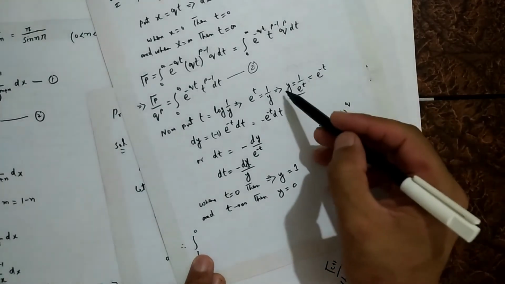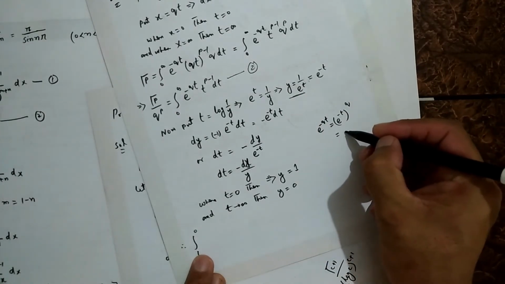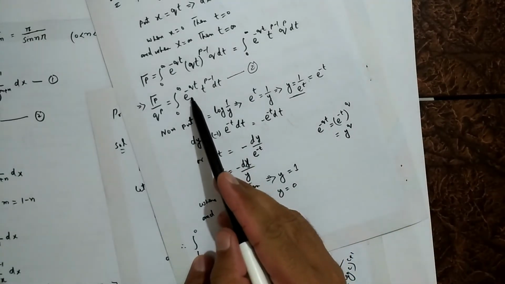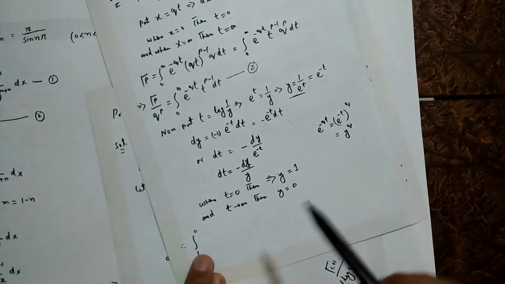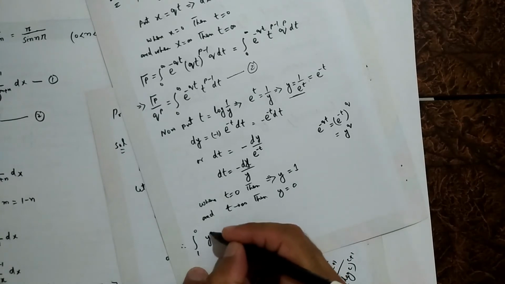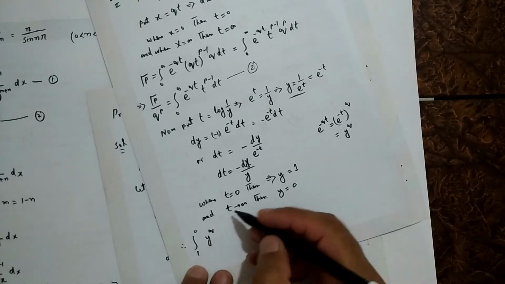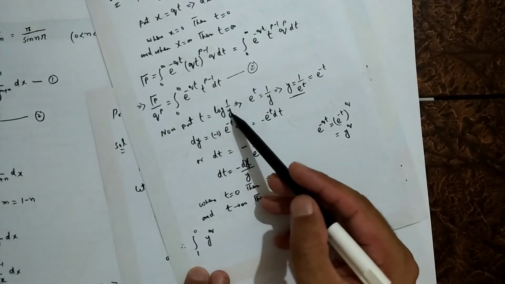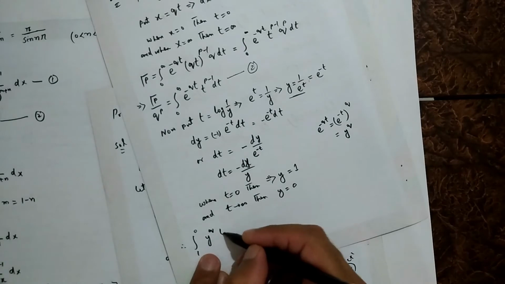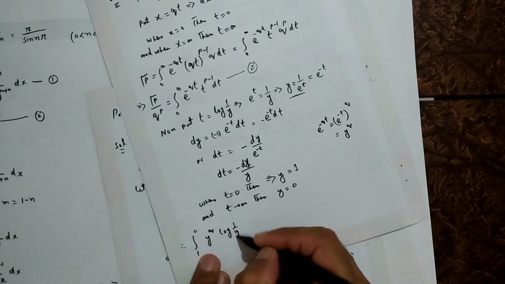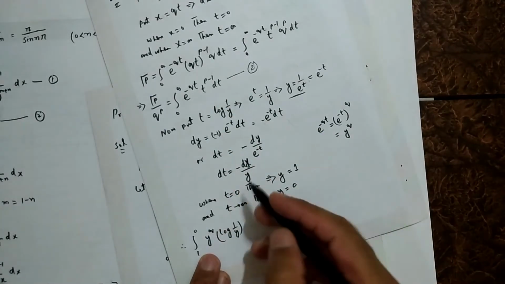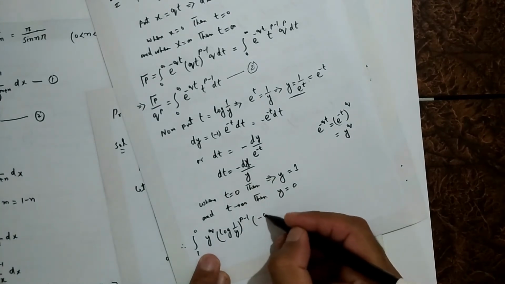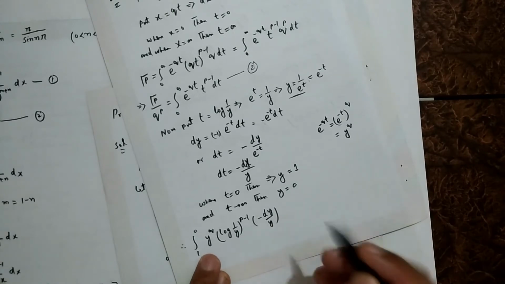And e to the power minus t is definitely y, so it will be y to the power q. So instead of e to the power minus qt, I will write y to the power q. So it is y to the power q into t, which is log of 1 upon y, log of 1 upon y to the power p minus 1 into dt, where dt is minus dy upon y.